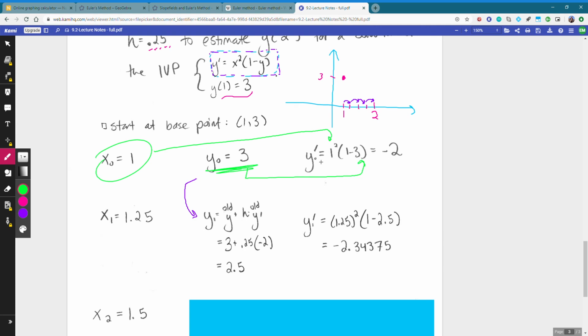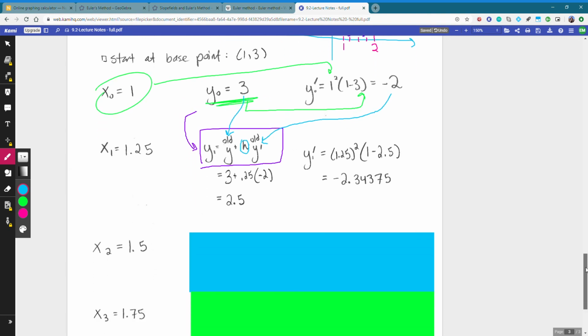So if we now take our formula for our new y and plug in the different ingredients, we need our old y, and our h we know is set to 0.25, and our old y prime gets plugged in here. We can work that out and get 2.5 as our new y value. And notice that this does match what we were visually seeing before. We took a step down from 3, in this case to 2.5.